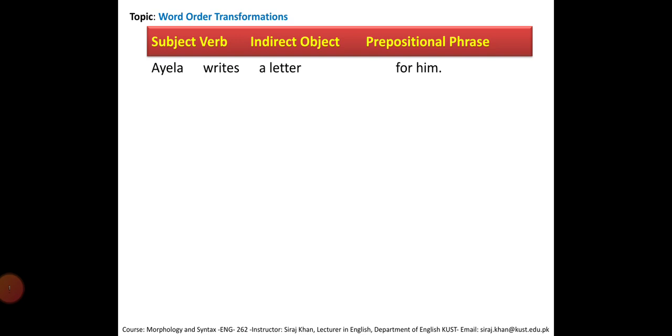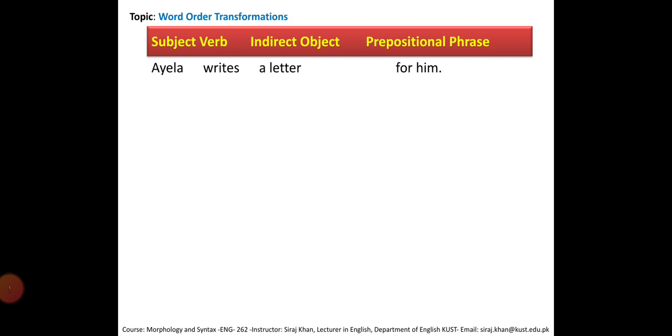A prepositional phrase also has special positions in sentences. When we use prepositions like to or for, then the indirect object becomes part of a prepositional phrase and follows the order subject, verb, object, prepositional phrase.